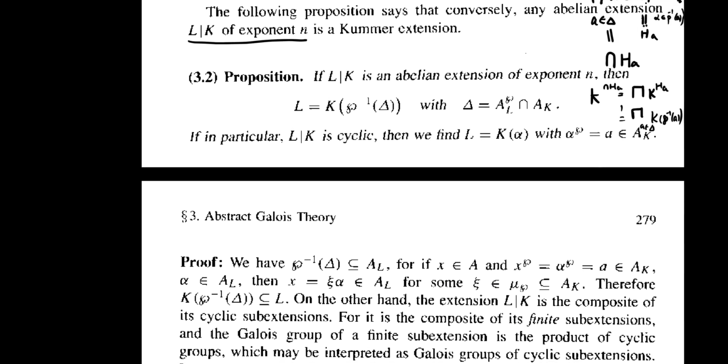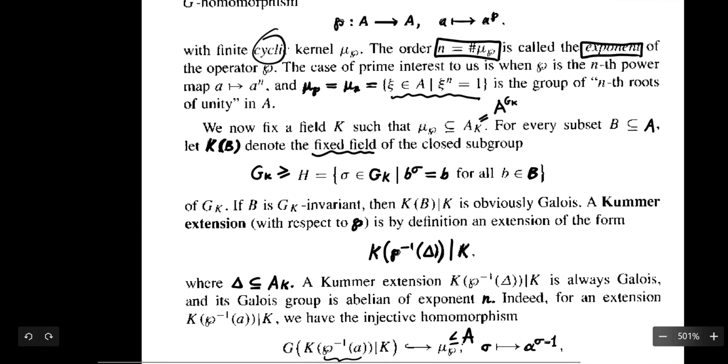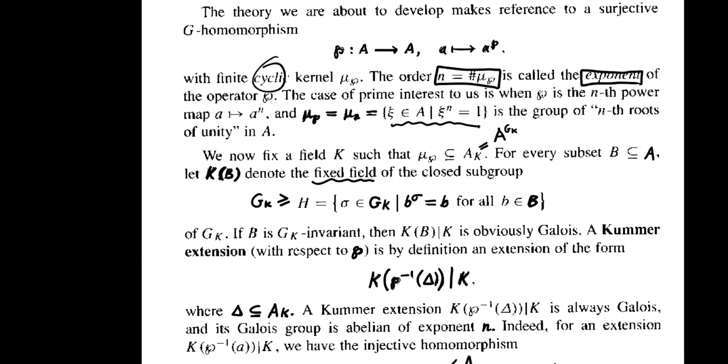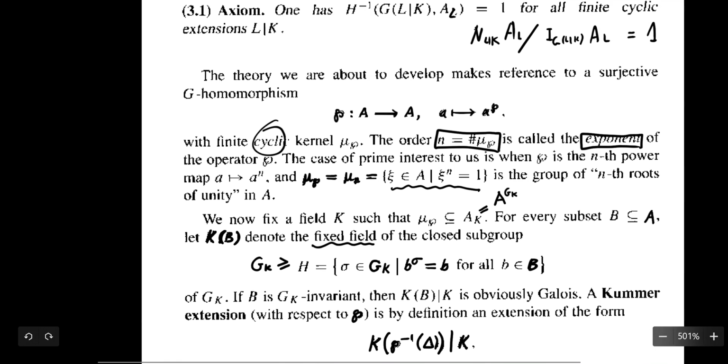Any abelian extension of exponent n is a Kummer extension. So what is an operator related to Kummer extension? Related to abstract p-adic extension L over K.